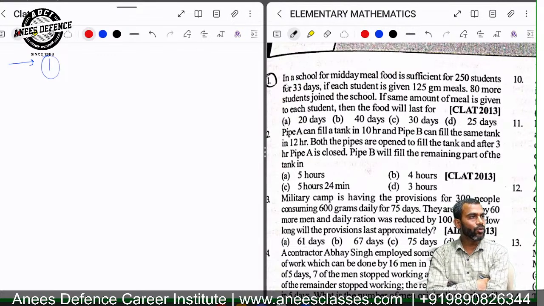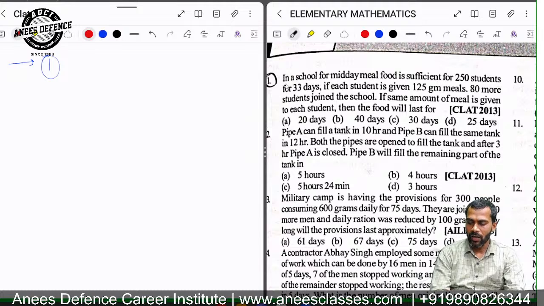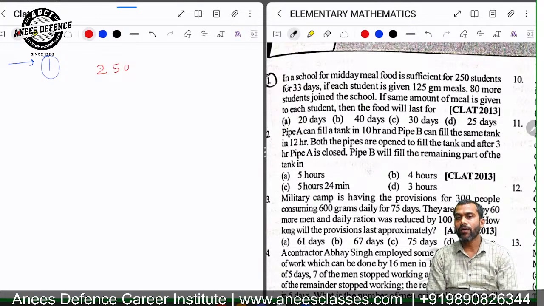So, see, have you got the answer? See, what we need to do, there are two cases, right? So, let us consider the meal is fixed, yes or no? So initially there are how many students? Tell me. 250, yes or no? And how many days?